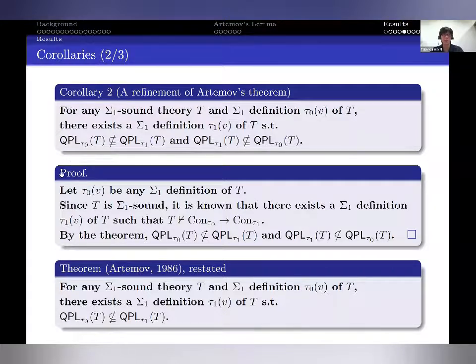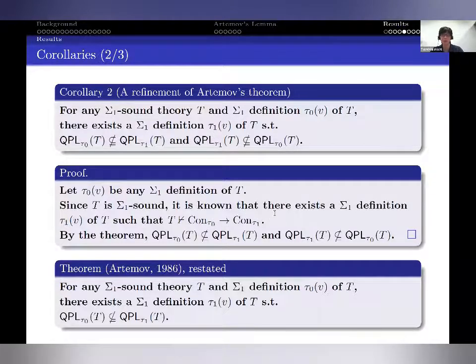This is because, let tau 0 be any sigma 1 definition of T, and since T is sigma 1 sound, it is known that there exists a sigma 1 definition tau 1 of T such that T cannot prove this implication.